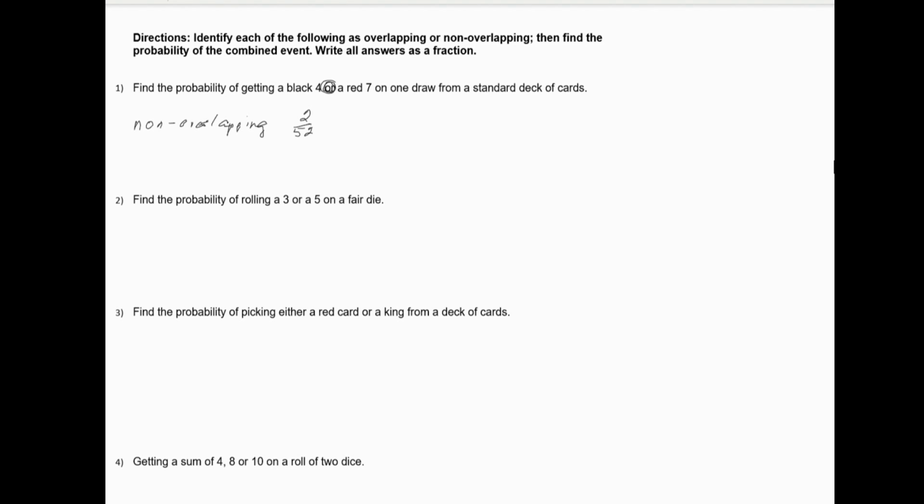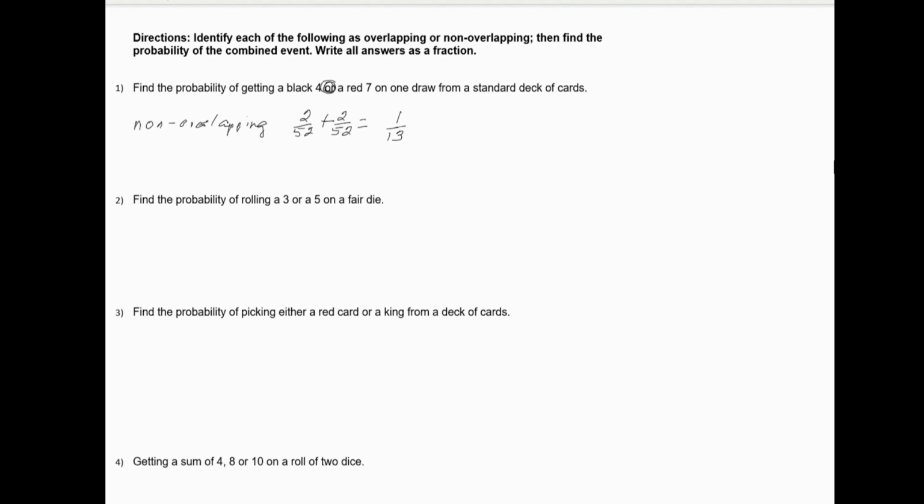And the probability of getting a red 7 is 2 out of 52. So we're adding those two probabilities together, and that's going to give me 1/13.